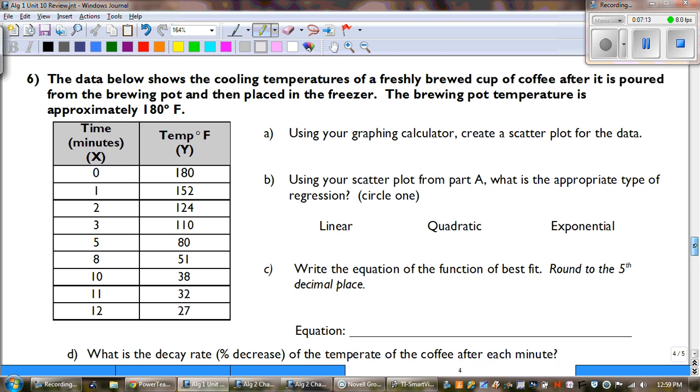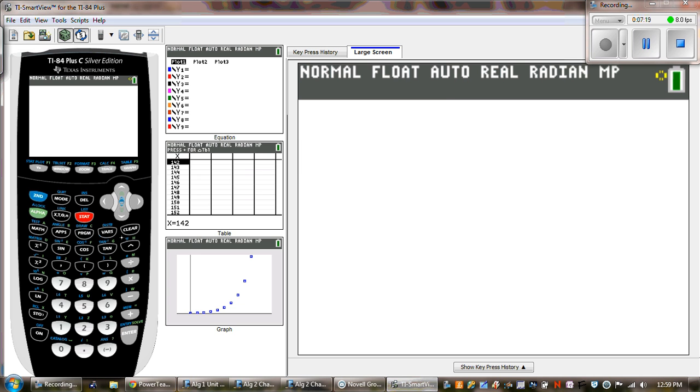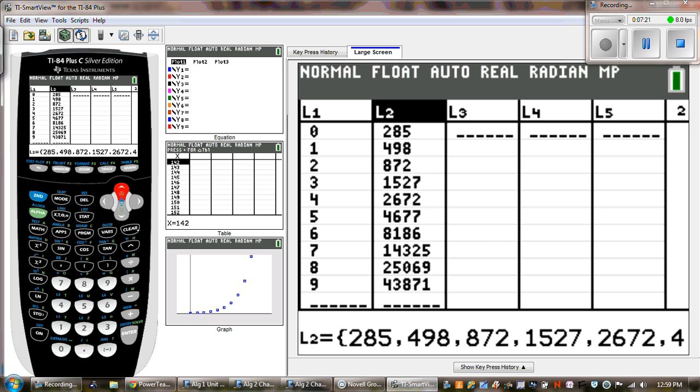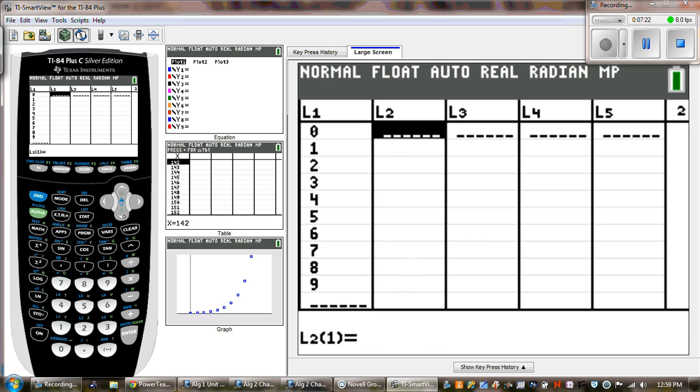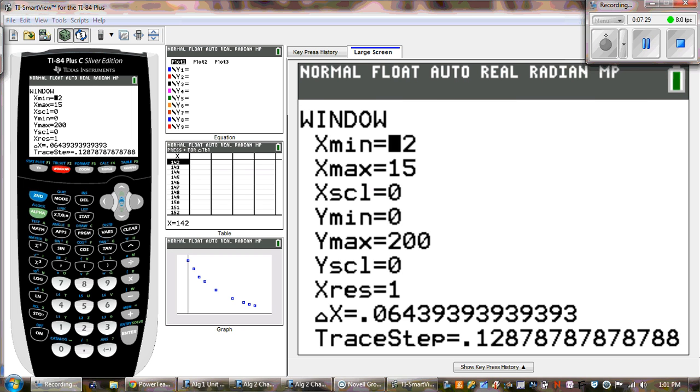Once again, let's pause that video and figure out all that information. Okay, if you want to see how I set up my window, there it is.